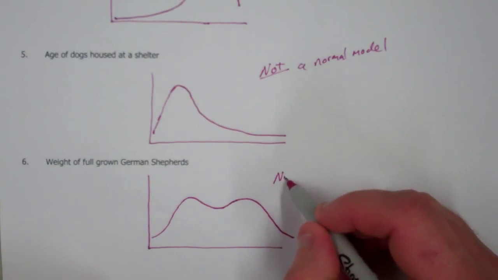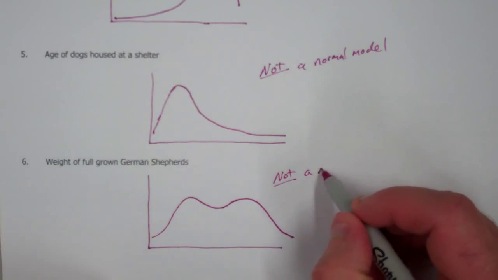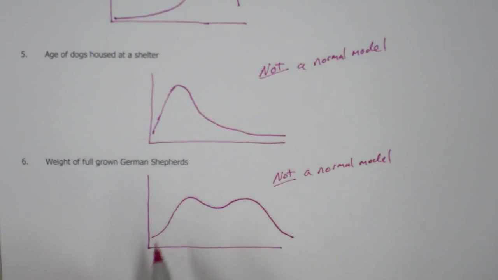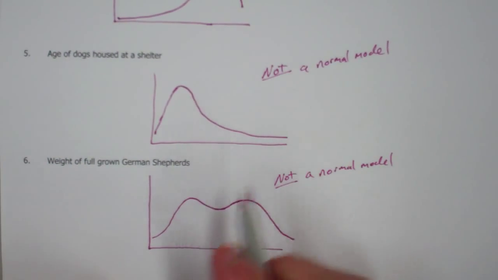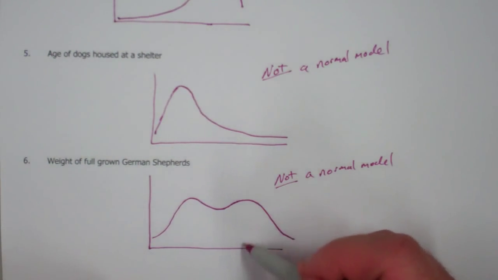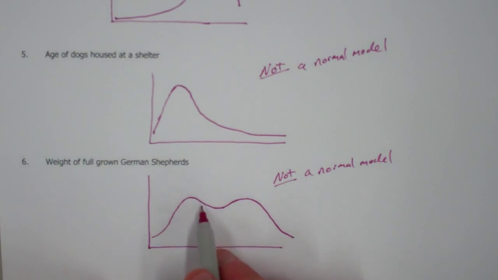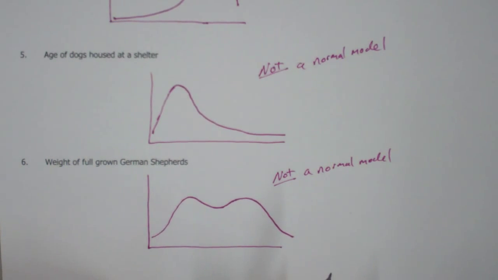This is bimodal, so this would not follow a normal model. And here, of course, the key is it's not male or female, it's both of them. So you're going to see that this one has an issue with being bimodal. It's got two peaks, where the females would have a lot right in here and the males would have a lot right in there.